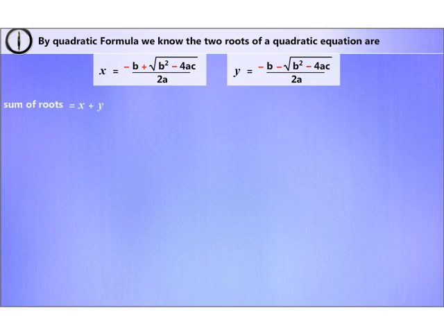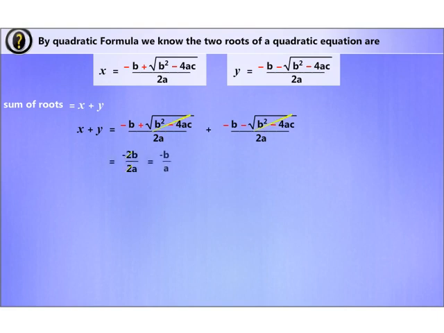The sum of the two roots will be (-b + √(b² - 4ac))/2a plus (-b - √(b² - 4ac))/2a. Simplifying the above expressions, we get the sum of roots = -b/a. Consider this as equation 1.